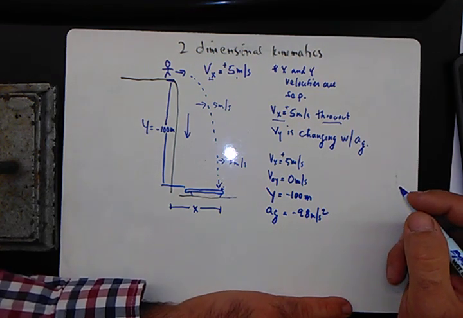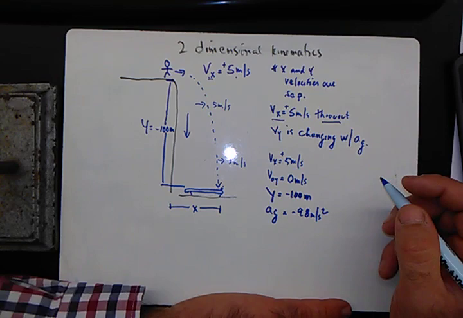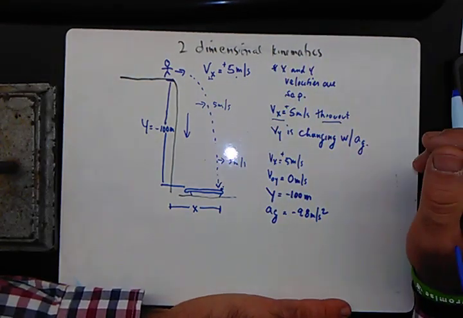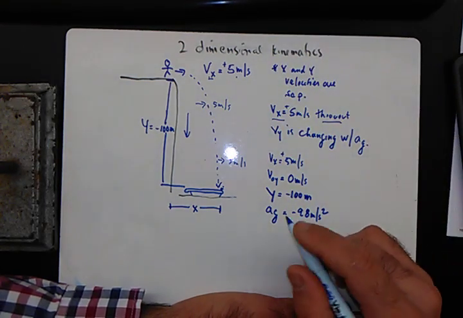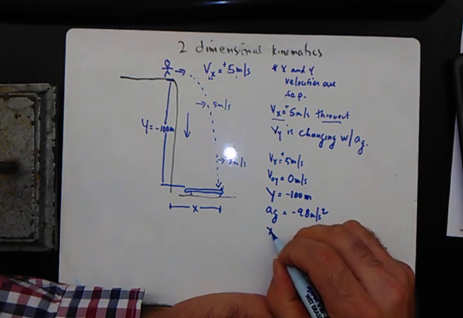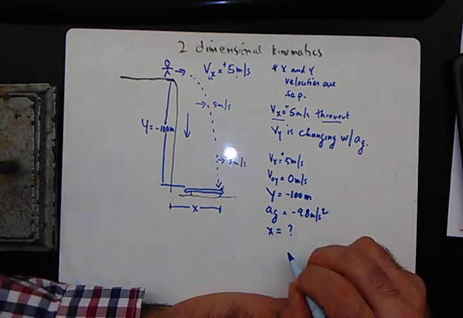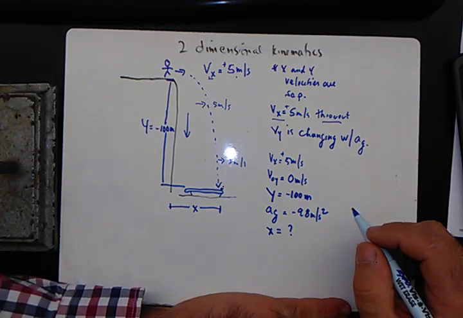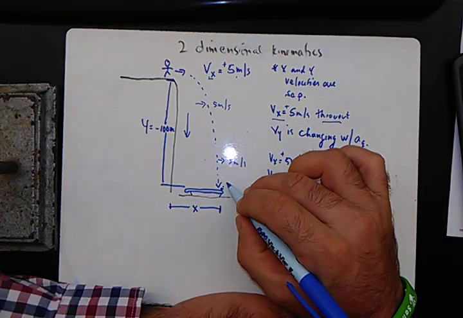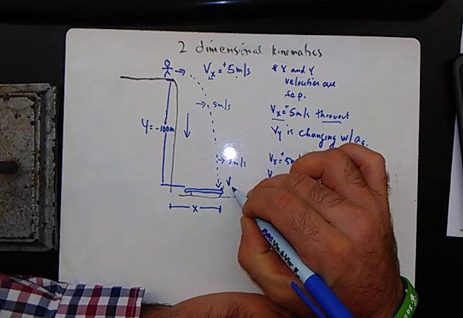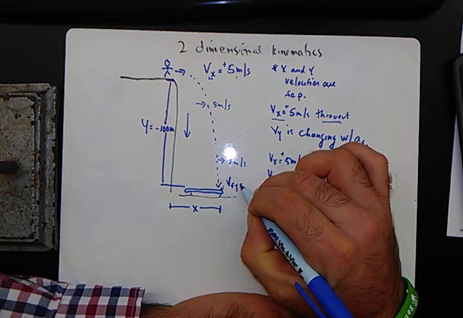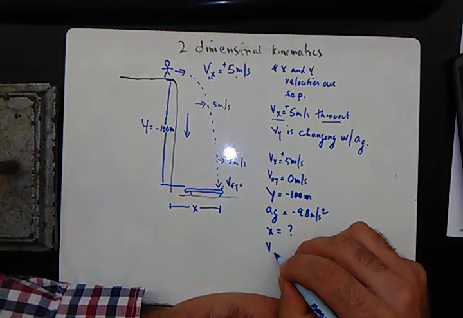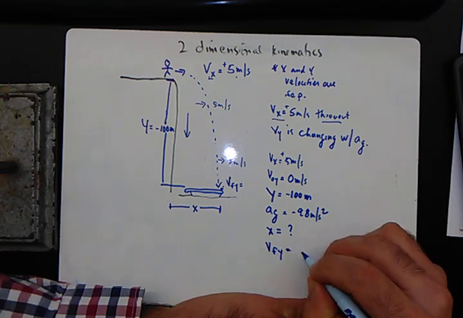Now let's think for a second. What else could there be in this problem that we're missing here? Well, we're looking for x. We are also looking for Vfy, the final velocity in the y direction.